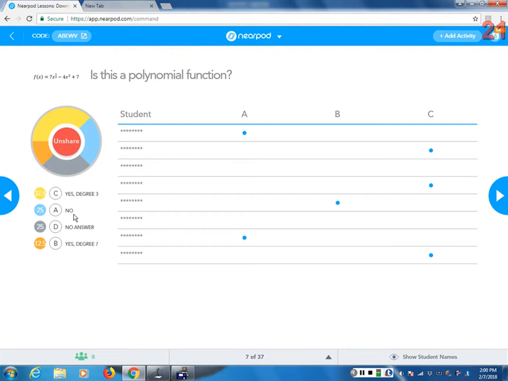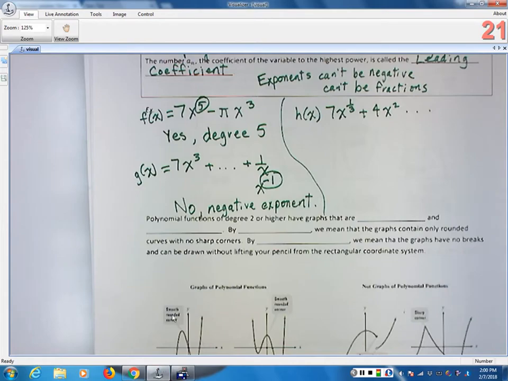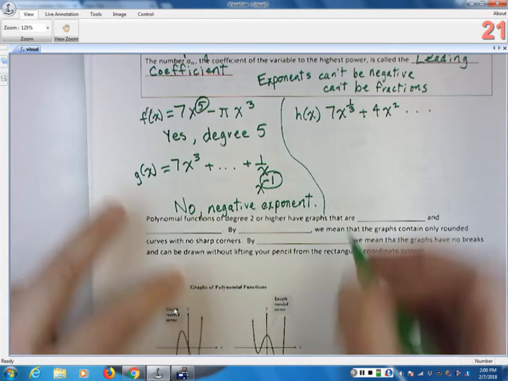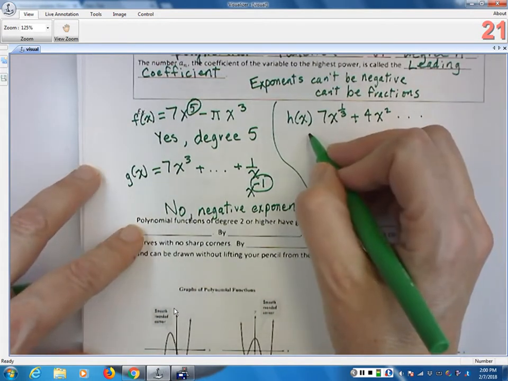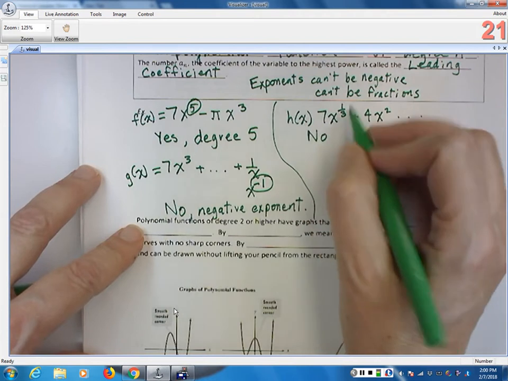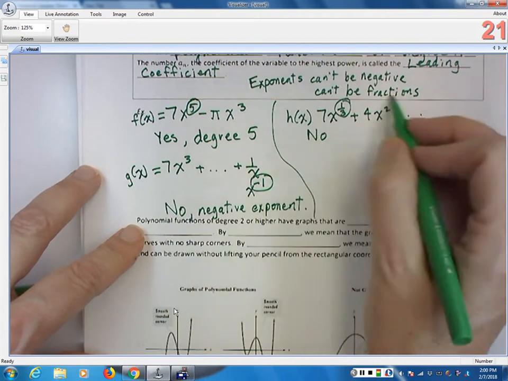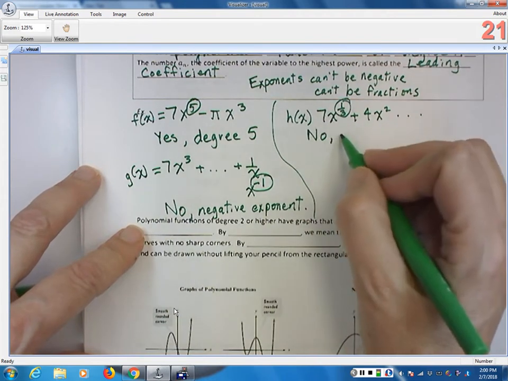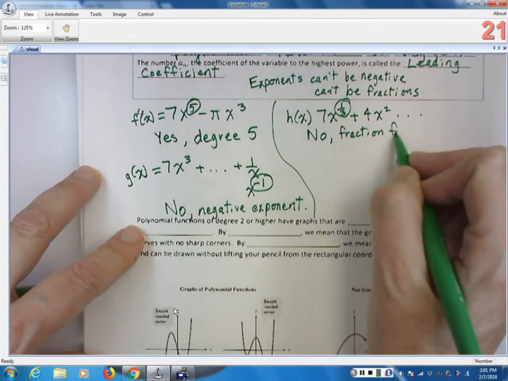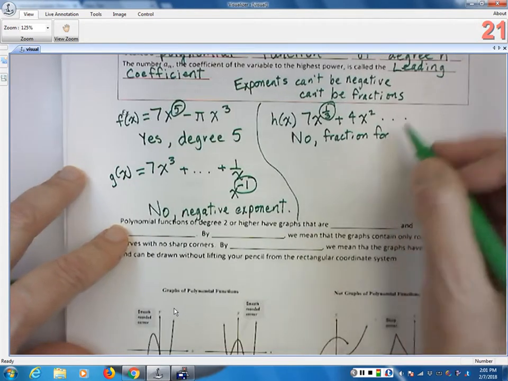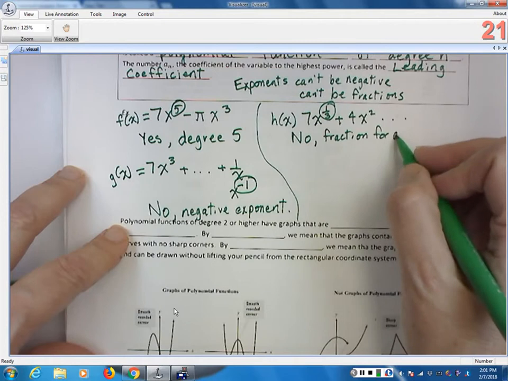Only 25% of you got that right. That's why we have these little polls. No, and it's because of the fraction. It has a fraction for an exponent.